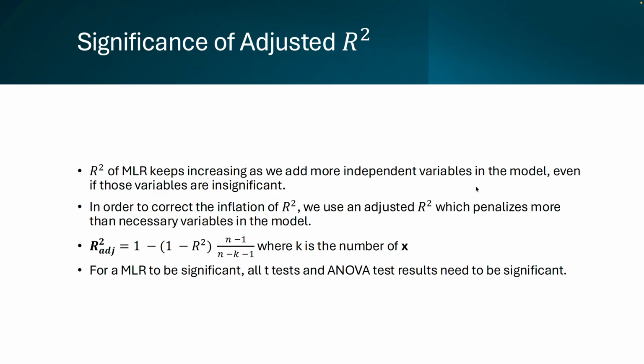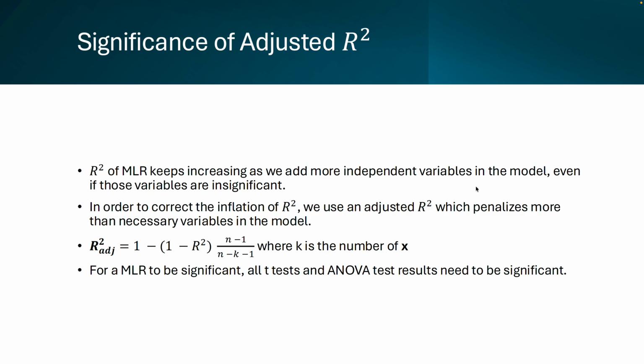So this is a problem of the inflation of R square in multiple linear regression models. To correct for that inflation, we use an adjusted R square, which penalizes more than necessary variables in the model.